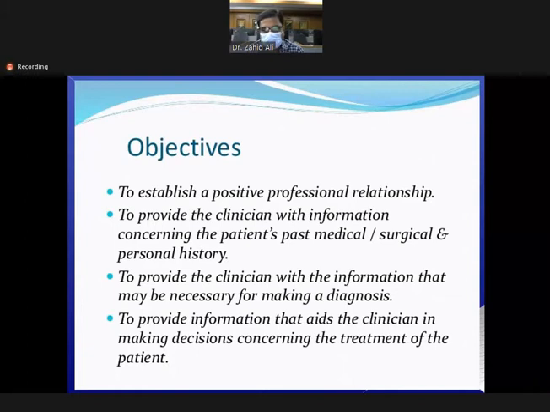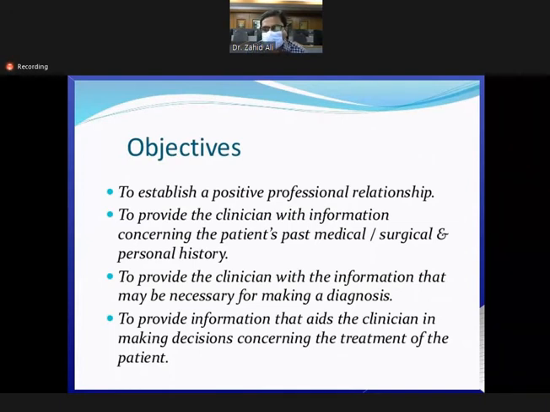Everyone should know: to establish a positive professional relationship, to provide the clinician with information concerning the patient's past medical, surgical, and personal history, to provide the clinician with the information that may be necessary for making a diagnosis, and to provide information that aids the clinician in making decisions concerning the treatment of the patient. Because in my view, 99% of your diagnosis is based on a proper history. And history taking is an art. You have to grab the information from the patient.